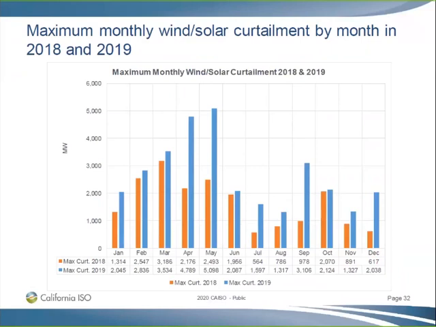In terms of curtailment, that's twice the peak load of a smart grid you're looking at. And again, we saw more and more curtailment throughout the months in 2019 than we saw in 2018. It'll be interesting to see how it looks in 2020. But looking by month, this is what we saw.